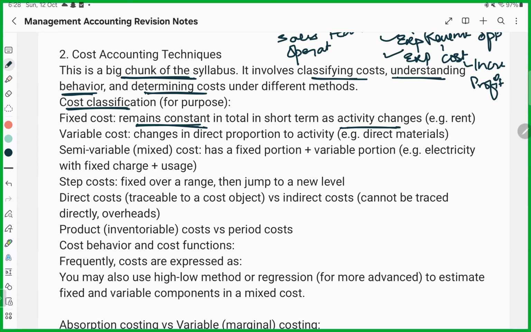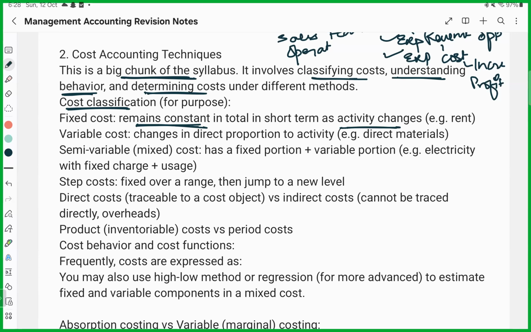Let me take an example. In the previous example we discussed, if the company wants to set up a new product line, they may need to set up a factory, or they may take a factory on rent where the manufacturing of the product will be done. If I take the factory on rent, irrespective of whether the actual product is getting manufactured or not, rent is something that I always have to pay. So rent remains my fixed cost.